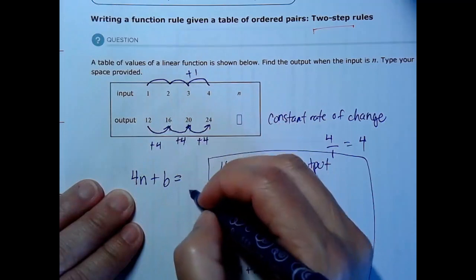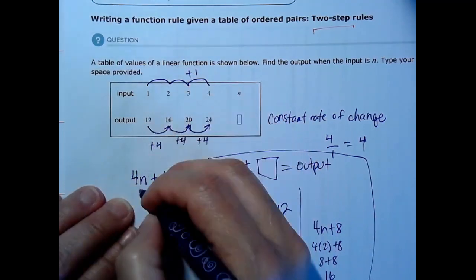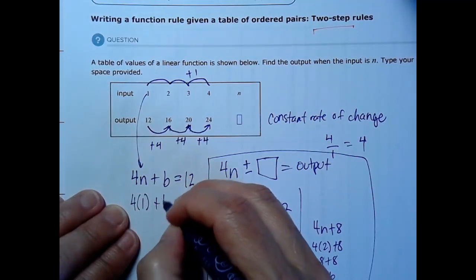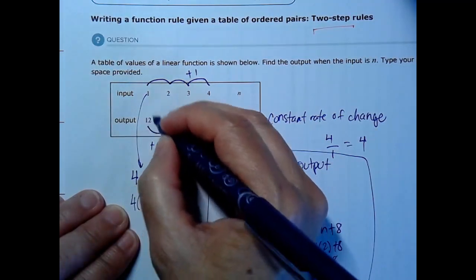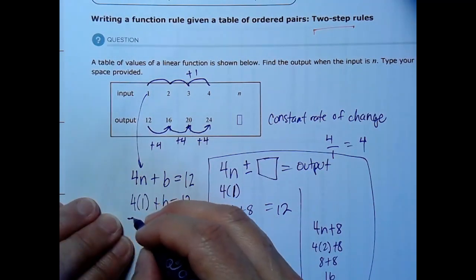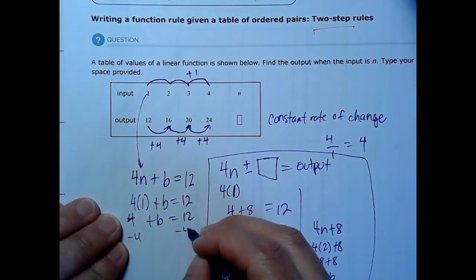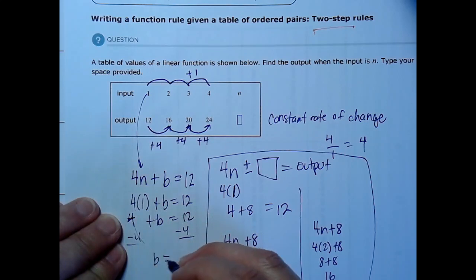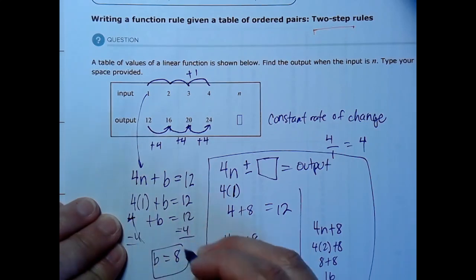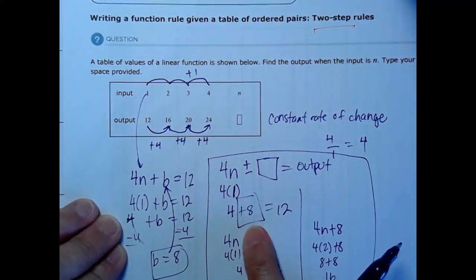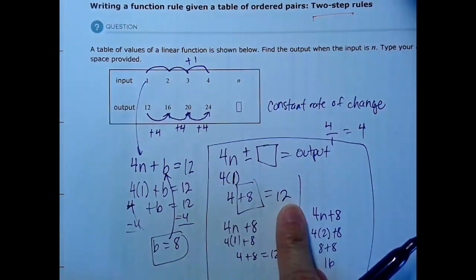So we'll use this first one. So we'll say 12. My input is 1, so 4 times 1 plus b equals 12. And that's my output. So this is 4 plus b equals 12. Subtract 4. So b had to be 12 minus 4, which is 8. So that's what I needed to add in order to get my outputs.